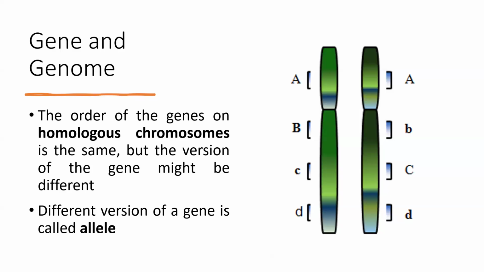That would be an allele. But hairline, widow's peak, versus eye color, that's not an allele, because they're different genes. It's only a different version of the same gene that's considered an allele. Do you understand?